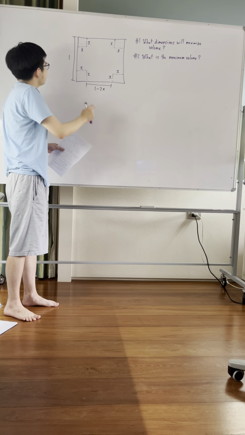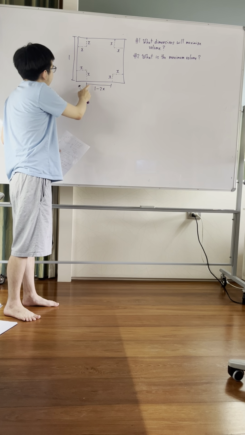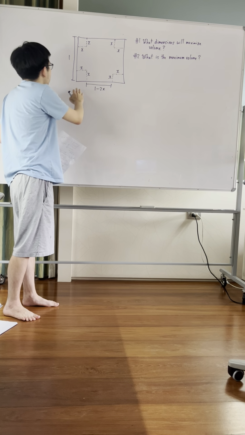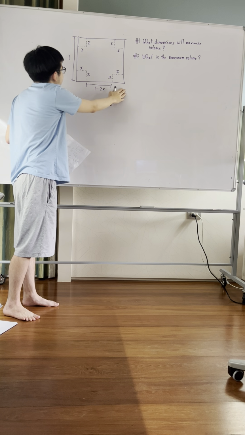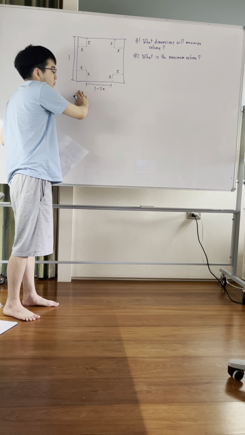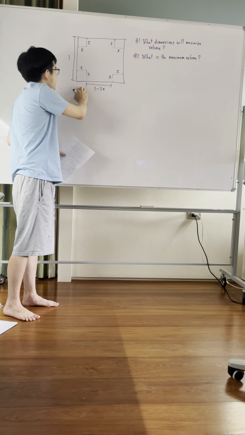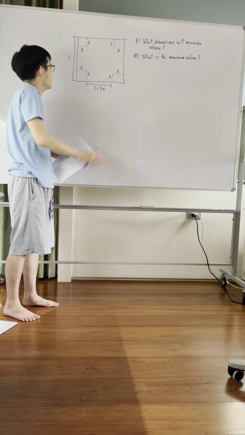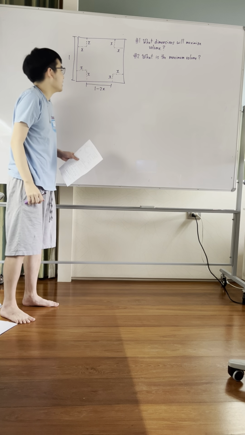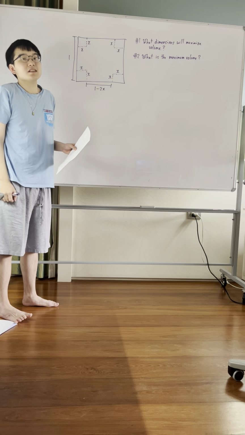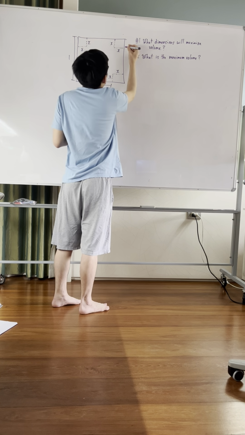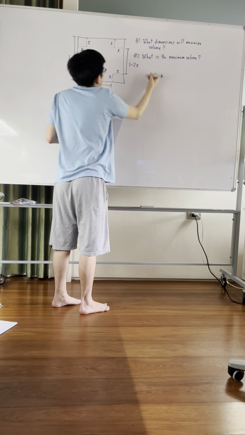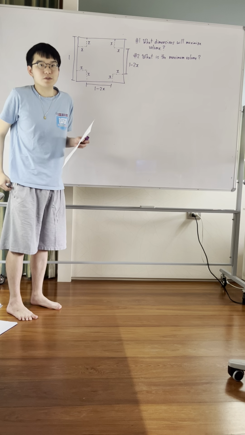So if we take a look at the length and width of this box, it would correspond to the total length of the 1 foot of the metal sheet being subtracted by 2 of these unknown square distances over here. So we end up getting 1 minus 2x to be equal to both the length and the width of this metal box over here.